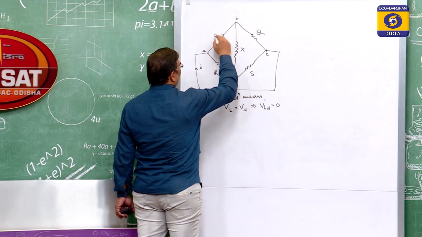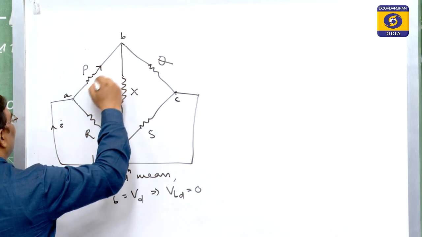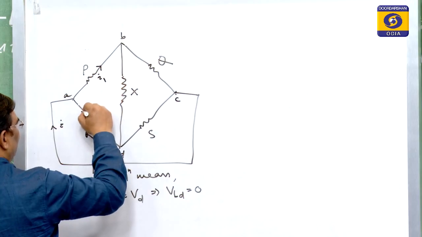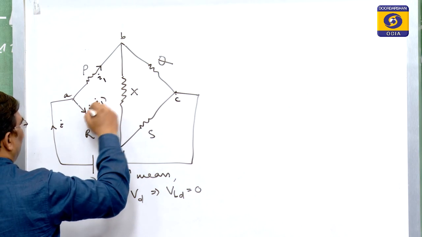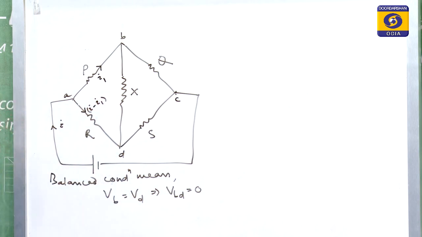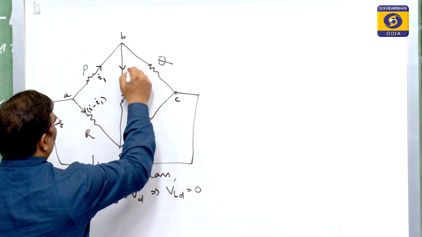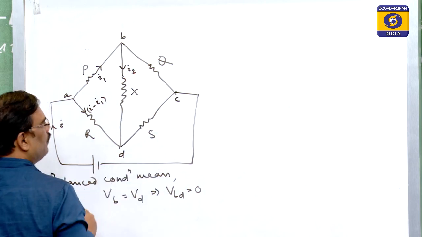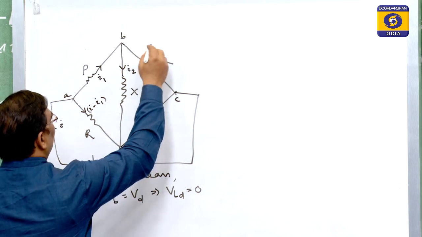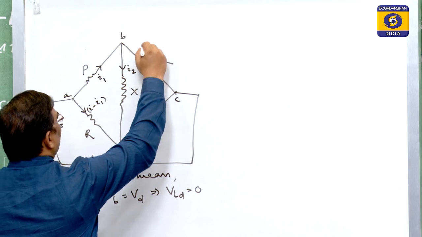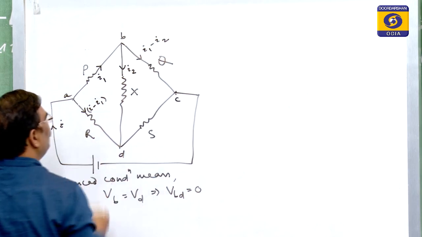If the branch P has a current of I1, then this will obviously be I minus I1 by using Kirchhoff's first law, or the junction law. And similarly, let this be I2 and this will obviously be I1 minus I2.